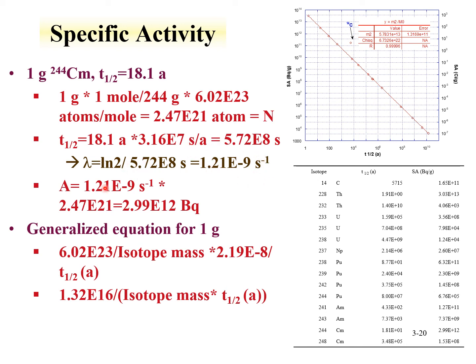Activity equals lambda N. One gram of curium-244 is 2.99 times 10 to the 12th becquerels. Now we can generalize an equation for specific activity for a gram: it is just equal to Avogadro's number divided by the isotope mass times this value divided by the half-life in years.